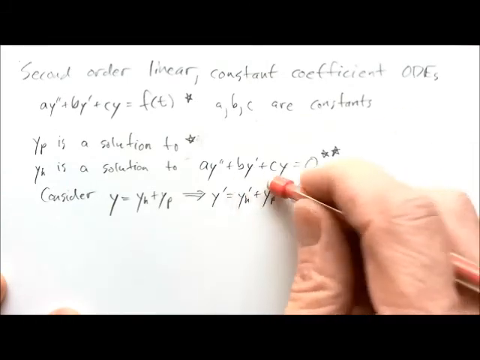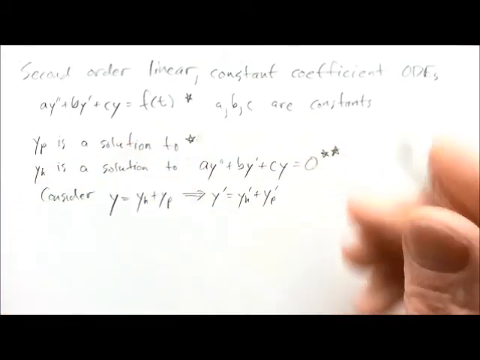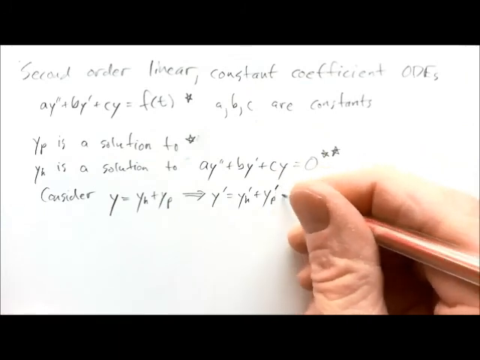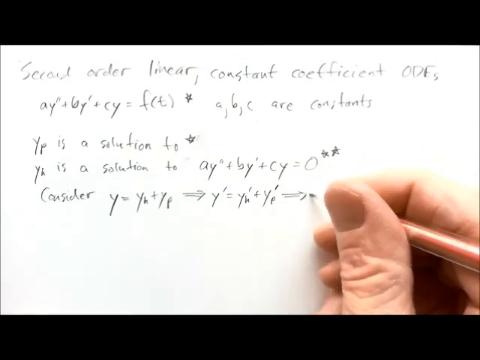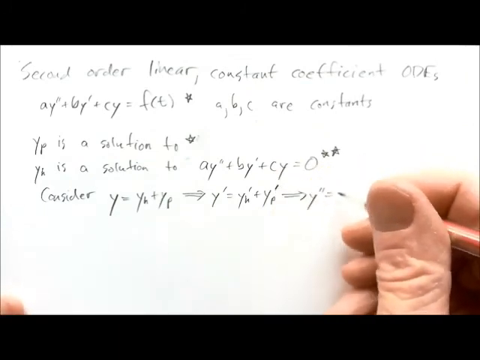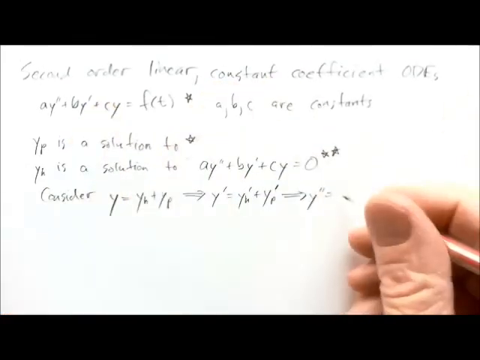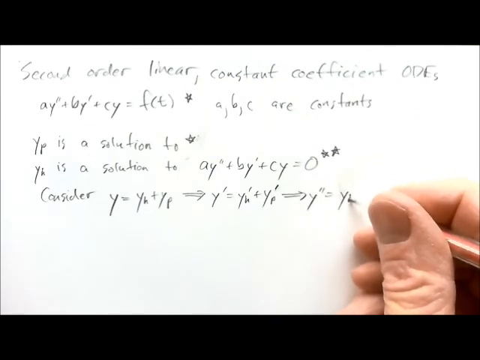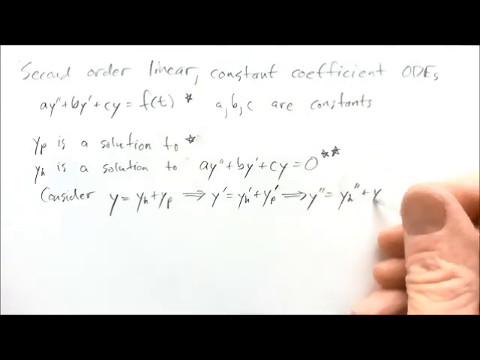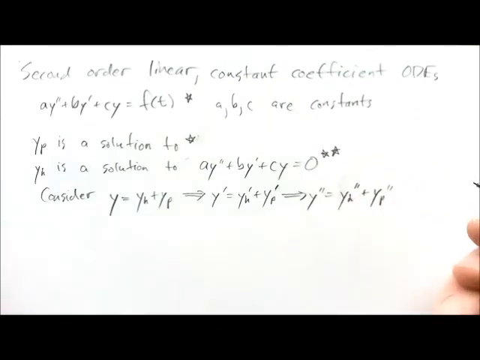The same holds for the second derivative: y double prime equals y sub h double prime plus y sub p double prime.